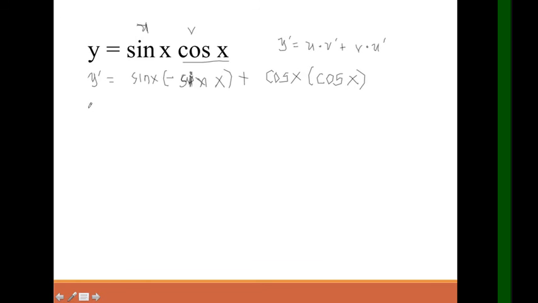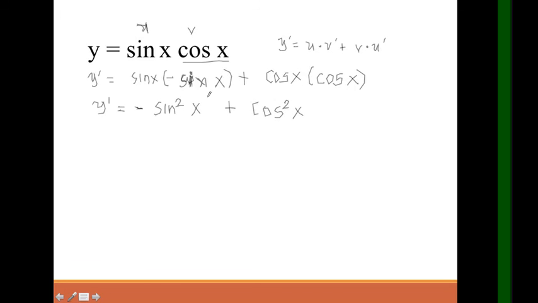And as we all know, when we multiply two sines, we will be having a negative 1 times 1 is negative, and then sine times sine is sine squared. Okay, then we will just copy x, and then plus cosine x times cosine x is cosine squared x.